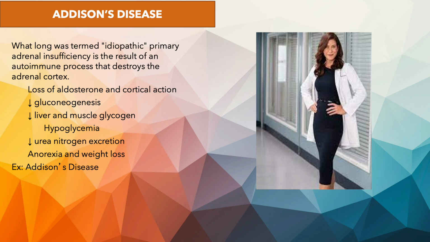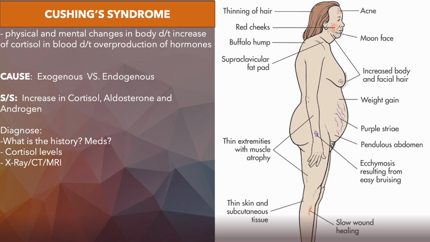Because of low aldosterone, the patient will excrete a lot more sodium and water, and will retain potassium. It'll also cause the urea nitrogen levels to be higher in the body due to lower excretion. So this is an example of Addison's disease.